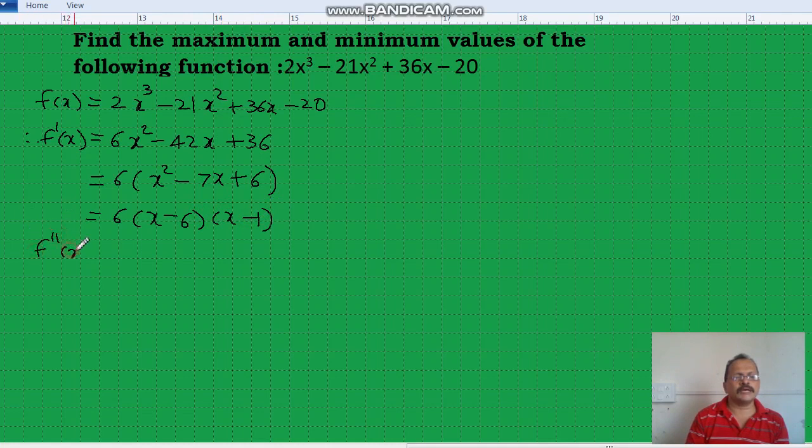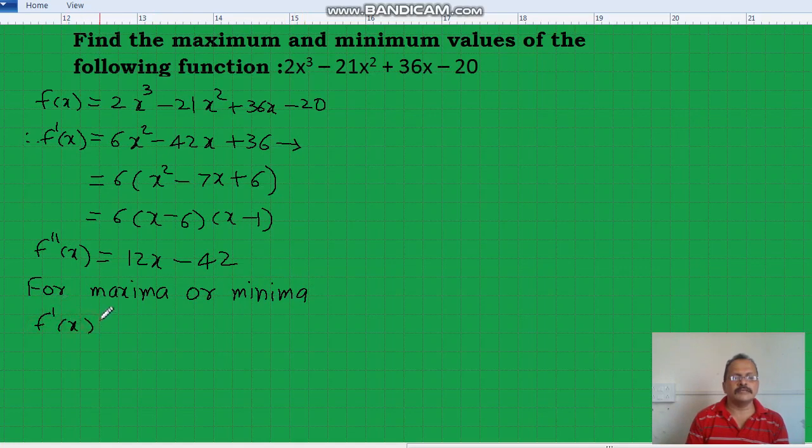f''(x) is equal to, I am going to find the derivative of this step, 6x square, derivative is 12x minus 42. This is f''(x). For maxima or minima, or for both, f'(x) is equal to 0.